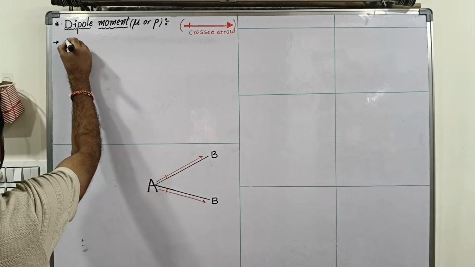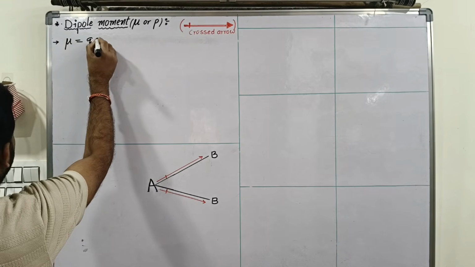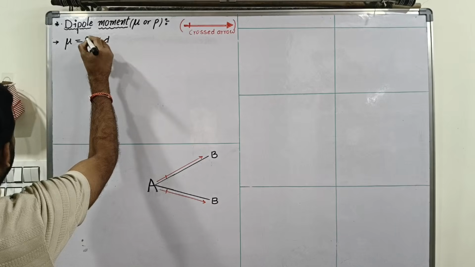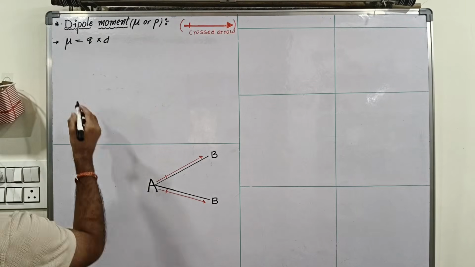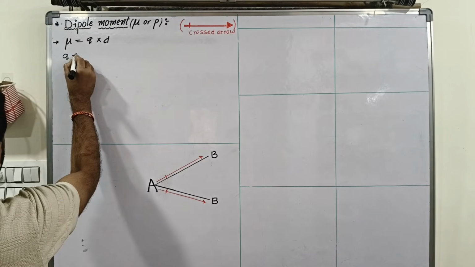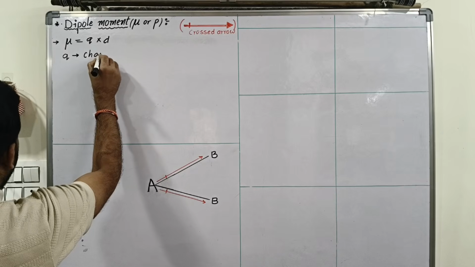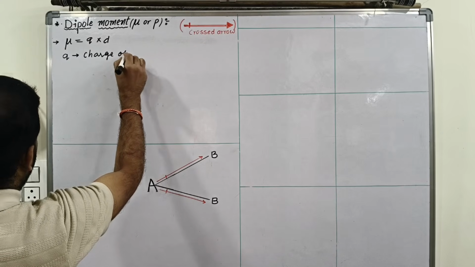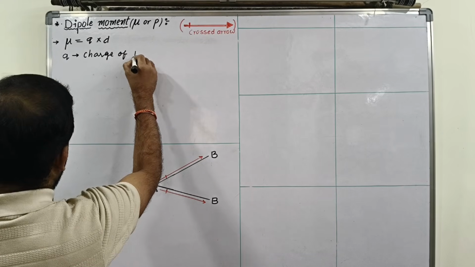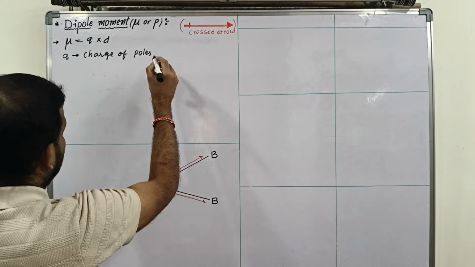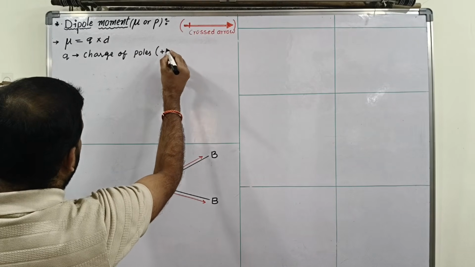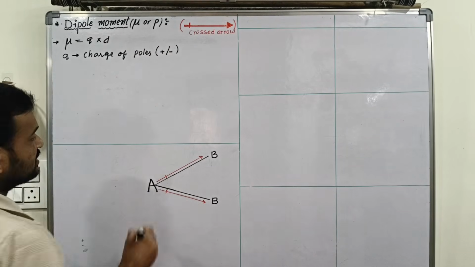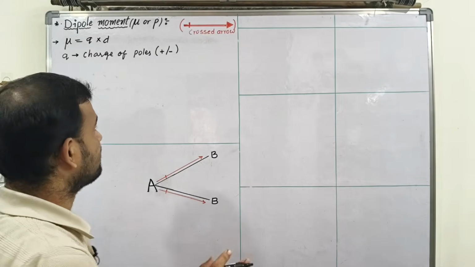So that is mu is equal to q into d. So what is the meaning of q? Q means charge of pole. Charge of pole, it is either a positive pole or a negative pole, which is nothing but a cation or anion.